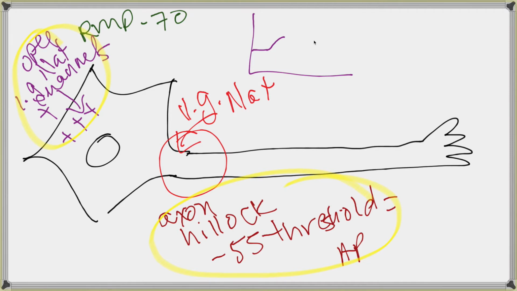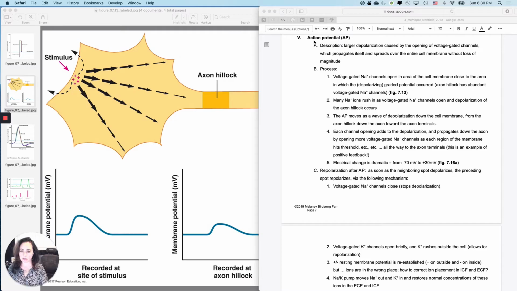Okay, so if you open the first voltage-gated sodium channel, you're golden, because I want you to think of them as lined up along the axon hillock like dominoes. Like here's one, here's one, here's one, here's one. So they're lined up like dominoes, and they're all voltage-gated sodium channels, and they'll all open in response to being depolarized to minus 55. But here's the important thing, and here's why it counts as a positive feedback example.